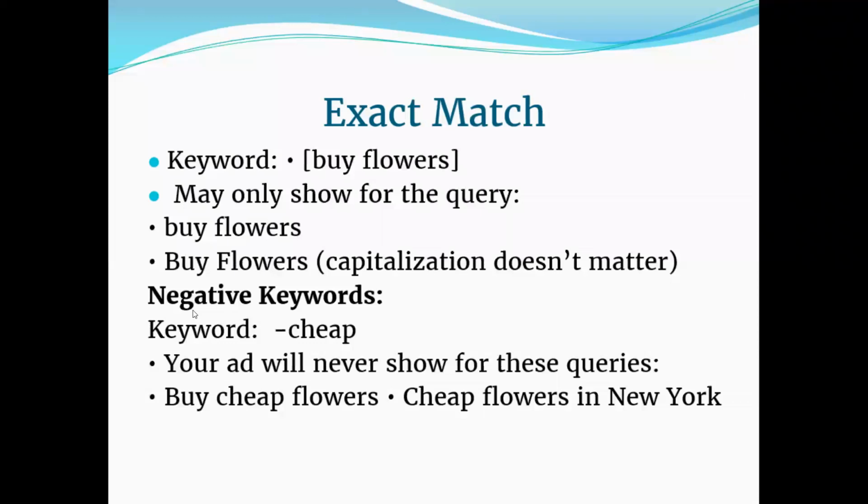Now here, negative keyword, complete reverse. Cheap. I will never show for these queries, like buy cheap flowers in New York. Complete negative. Now here, in total it will match by broad, exact, and phrase match.